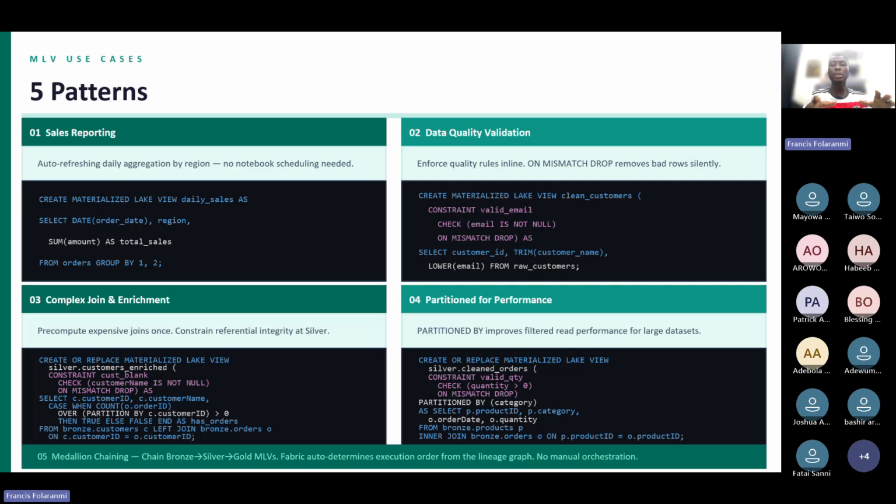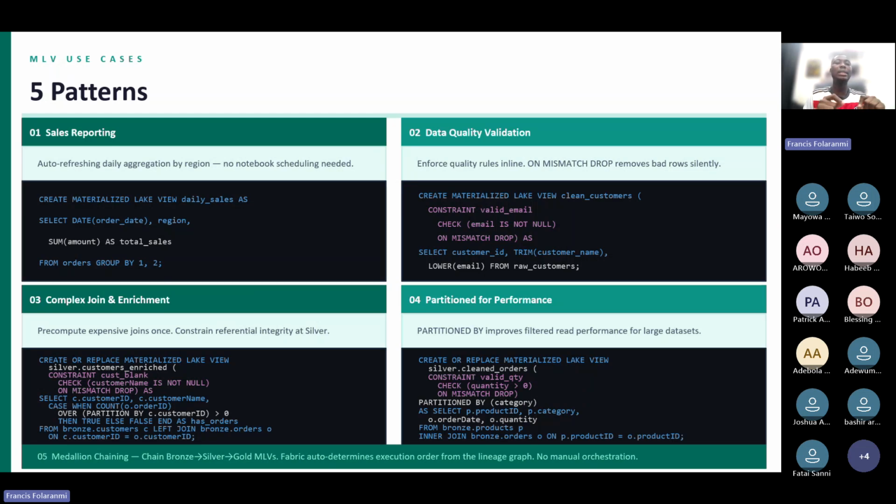Another use case is that you can use your Materialized Lakeview. There are some syntaxes that are available with Materialized Lakeview that allow you to implement data quality. For example, maybe you want to provide customer data, and you don't want to use customer data where there is no email. Think about an example in a rewards environment where you are working in a marketing team and they want to do an email blast. And you know already that to do that email blast, having an email column that is not null is very critical to that task at hand.